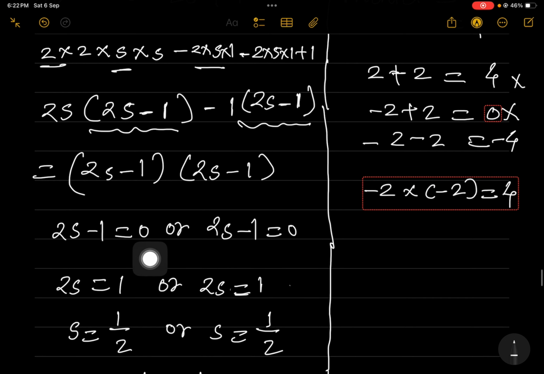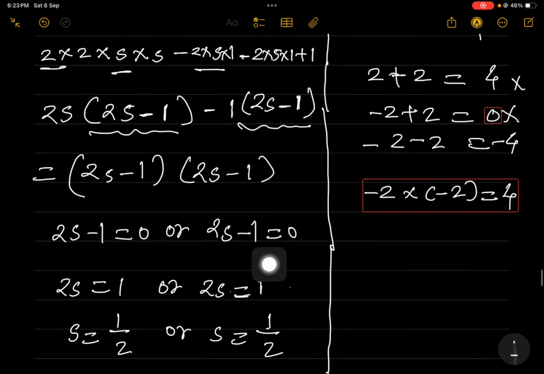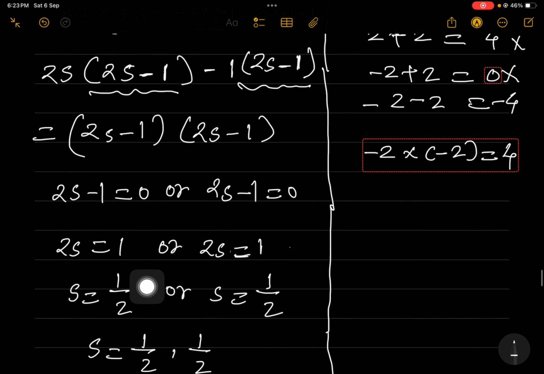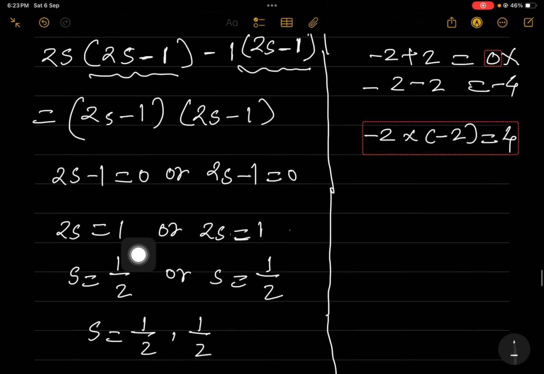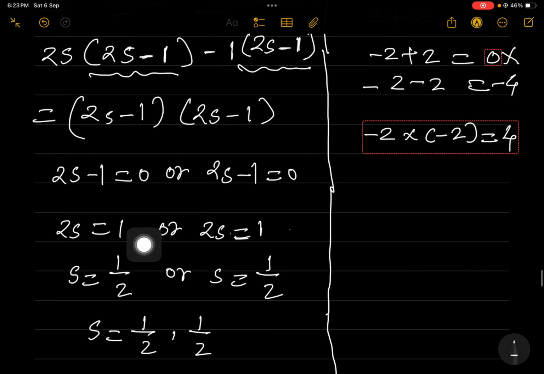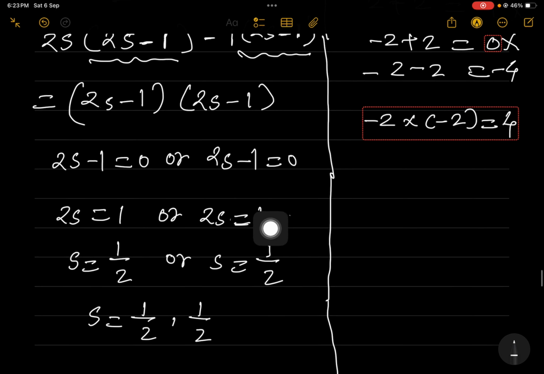2s minus 1 equal to 0, or 2s equal to 0, both are the same. So 2s equals minus 1, this coming to this side, so it gets transferred to the other side and becomes the opposite sign. Here minus is there, so it becomes plus.